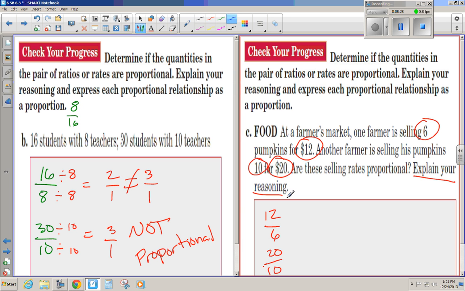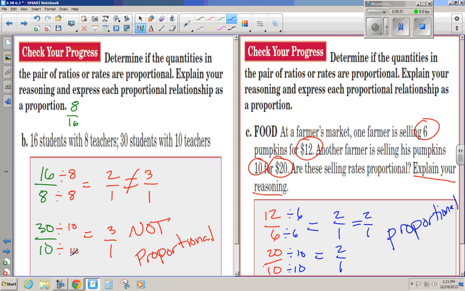Because when you do that, you can actually show what you're dividing by, and that it becomes 2 over 1, 2 over 1. Since they are equal, you can say that it's proportional. And that's it.